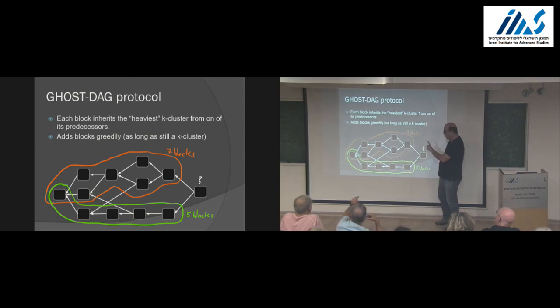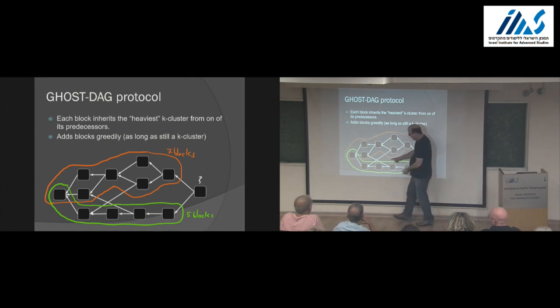You're allowed to have one in your anticone from the set. So for the green set, this happens to be a 0 cluster as well in this case. But there isn't a single block that you could add to the green set that maintains the one cluster property. So you're allowed to have one in your anticone, but not 2. This one, if you add it, would have 2 from the set.